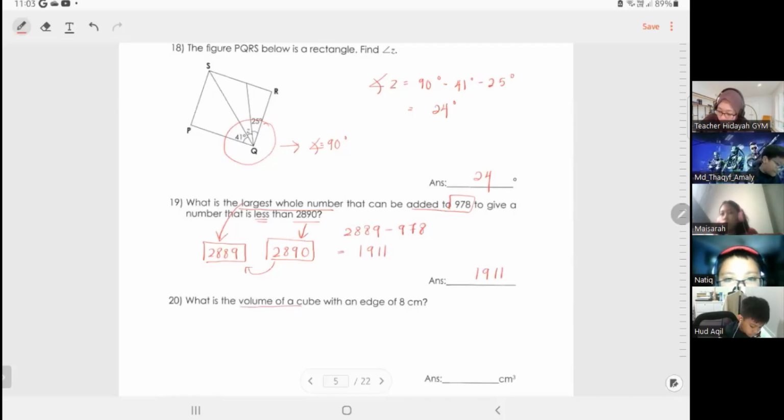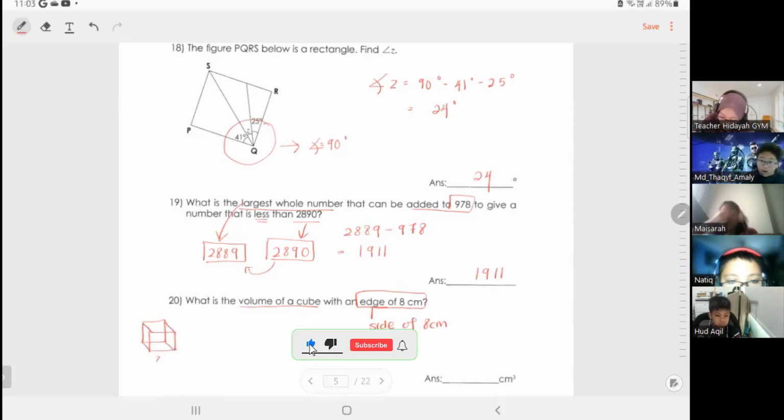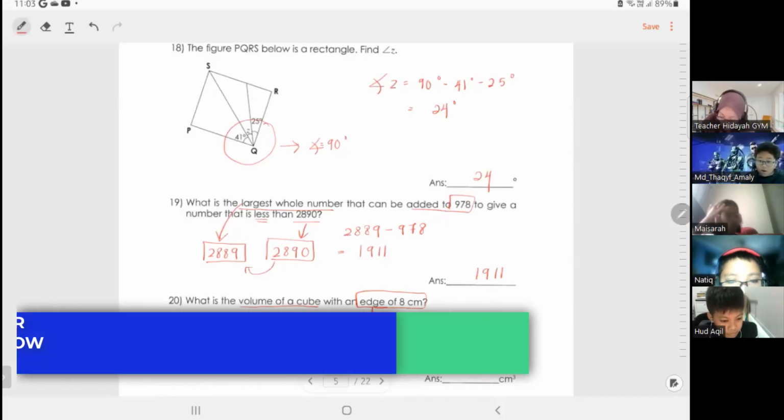Next one. What is the volume of a cube with the edge of 8 centimeter? Edge means side. Side of 8 cm. So the cube has a side of 8 centimeter. Let me just draw the cube. Okay, this is my cube. So the side is 8 cm by 8 cm by 8 cm, like this.